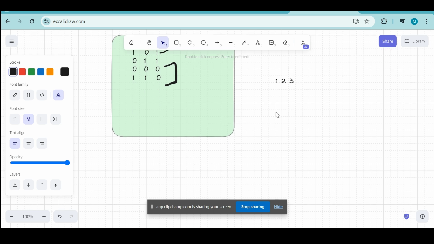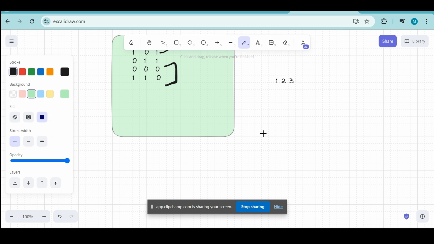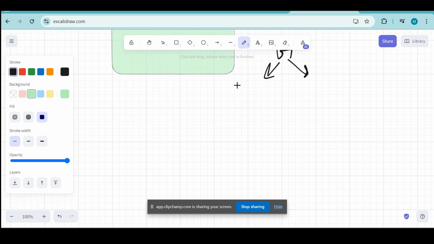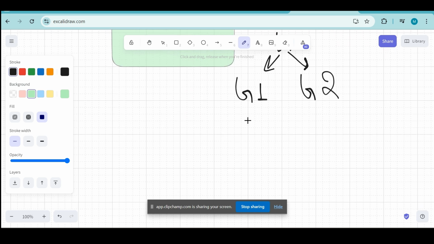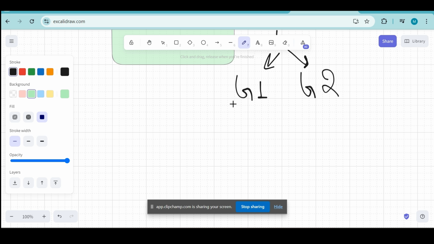If I talk about the general case, suppose I have a group G, and I have to divide this group G into two groups, G1 and G2. Both contain all the elements.